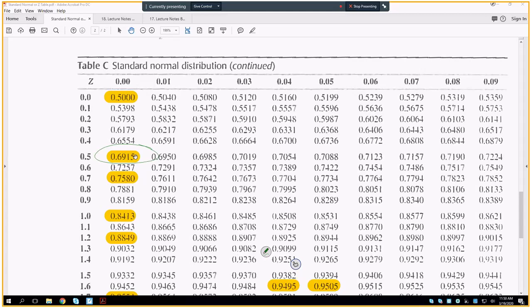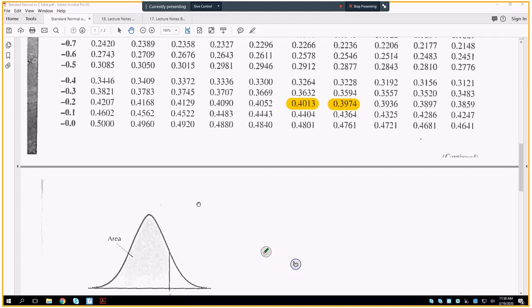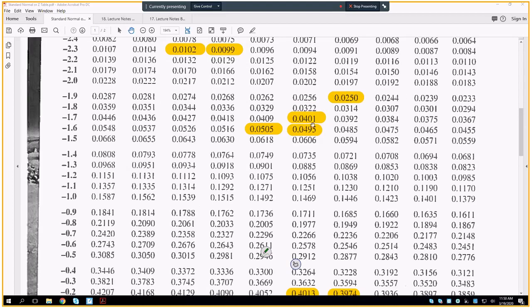All right, and then I also need less than negative 1.75. So I know for 0.5 it's 0.6915, and negative 1.75, here we go, should be this one, 0.0401.